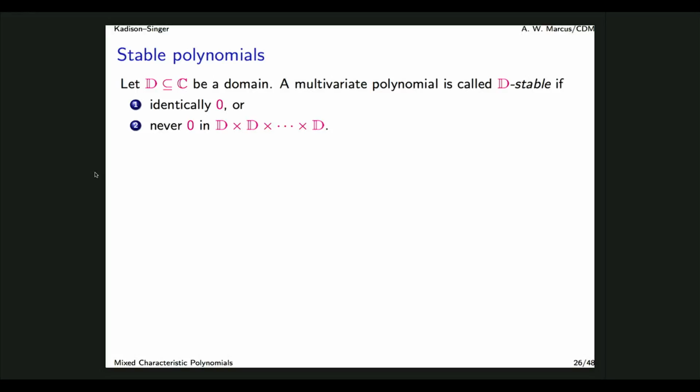So let D be a subset of the complex plane, a domain. A multivariate polynomial is called D-stable if it's either identically 0, that's sort of the default case, or it never has a 0 where all of its variables are in this domain.